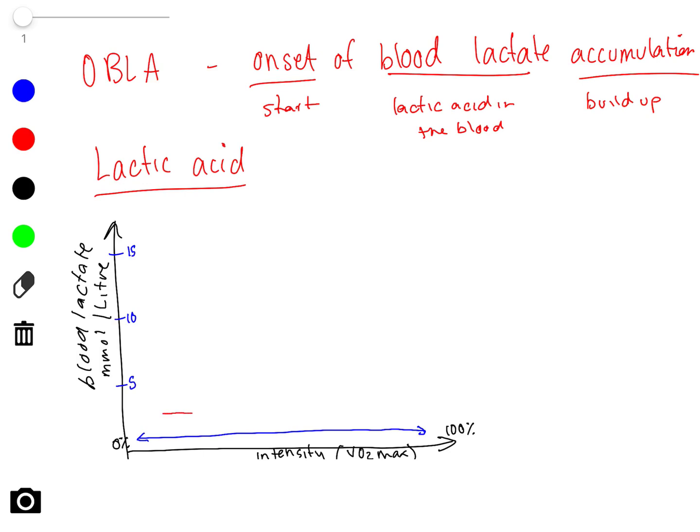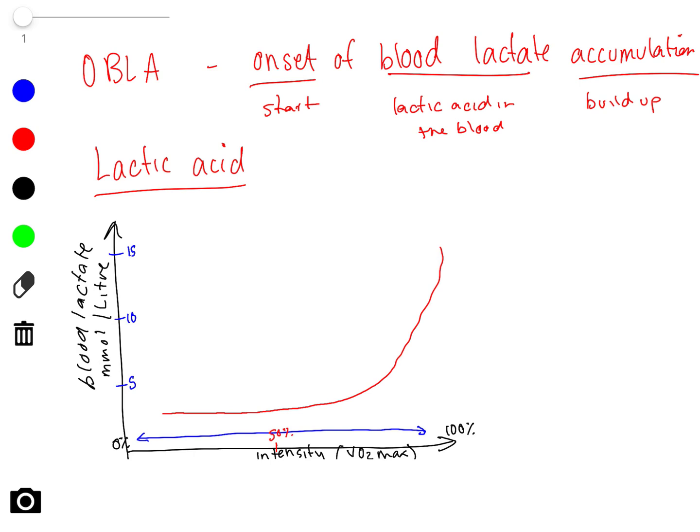So the graph might go like this. If this is 100% intensity, then we've got 50% intensity here.